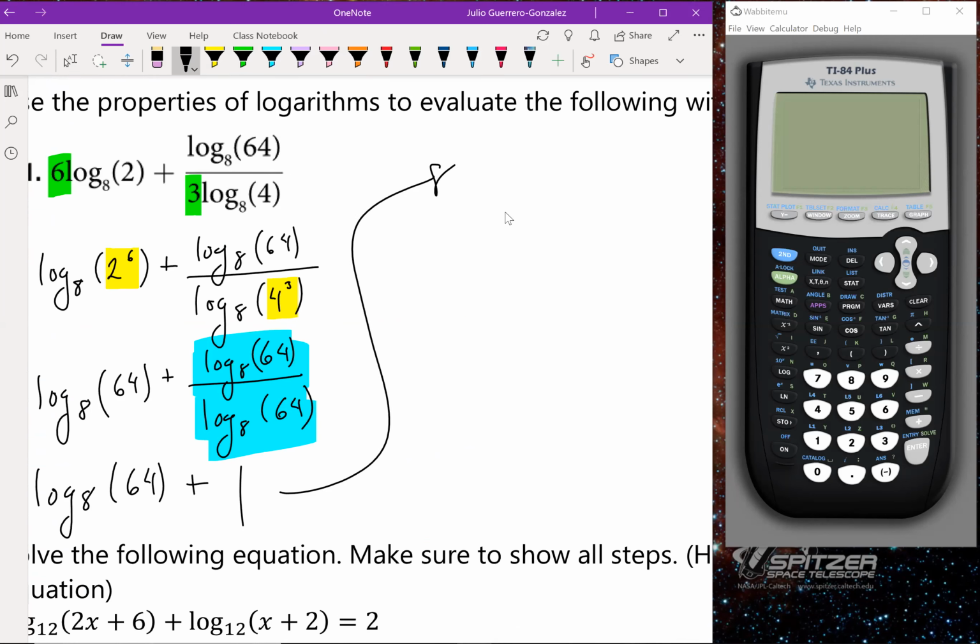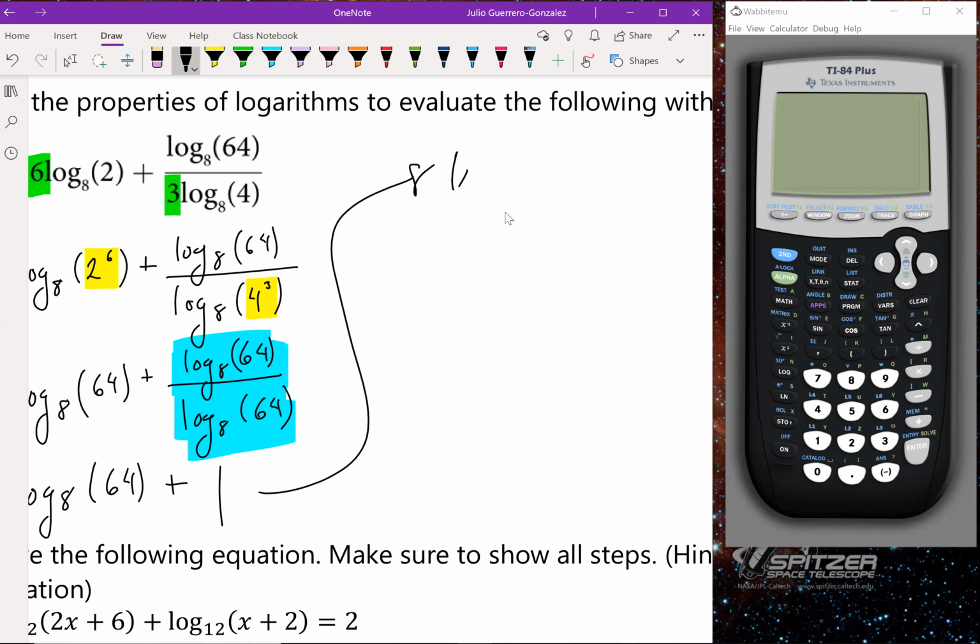64 is 8 to what? 8 to the 2nd power. Right, so now I can do this. Log base 8 of 8 squared plus 1.